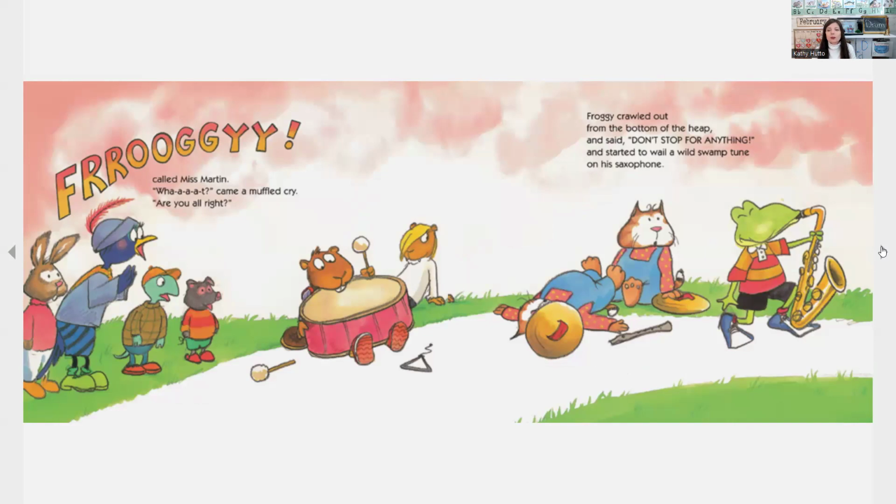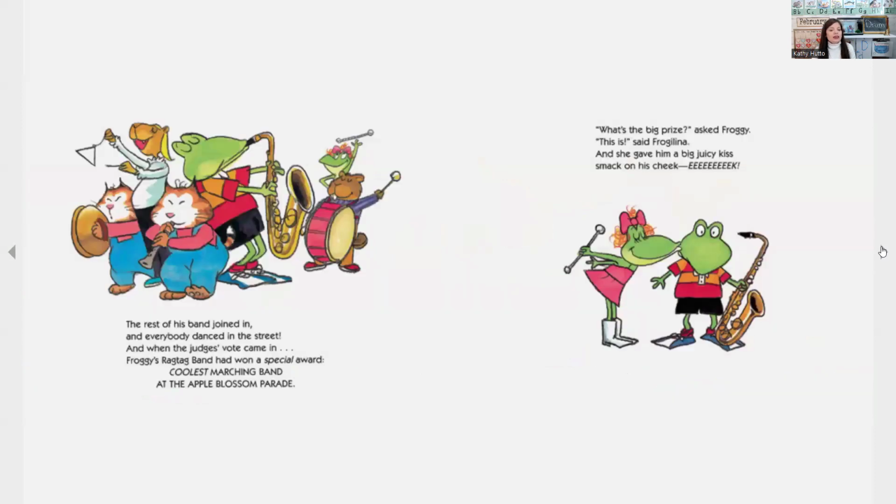Froggy crawled out from the bottom of the heap and said, "Don't stop for anything," and started to wail a wild swamp tune on his saxophone. The rest of his band joined in, and everybody danced in the street. And when the judges' vote came in, Froggy's band had won a special award, coolest marching band at the Apple Blossom Parade.